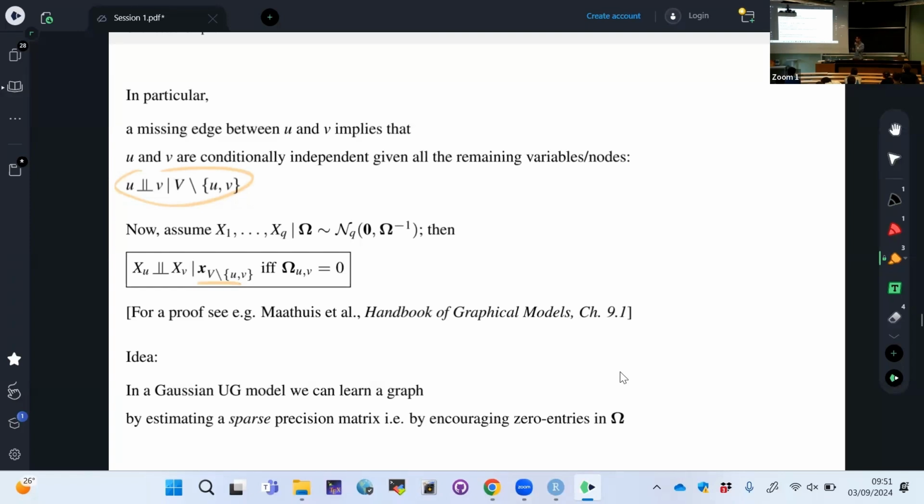I will not give you a proof of this result, but if you are interested in a proof, you can refer to the Handbook of Graphical Models. In chapter 9.1, there is a proof of this statement.